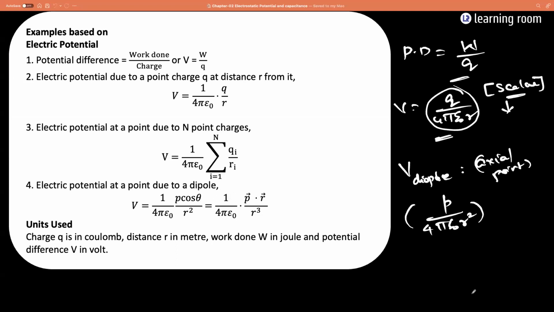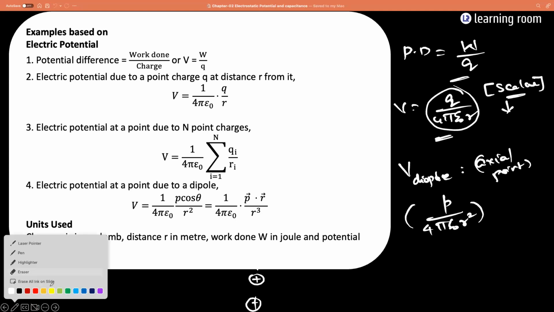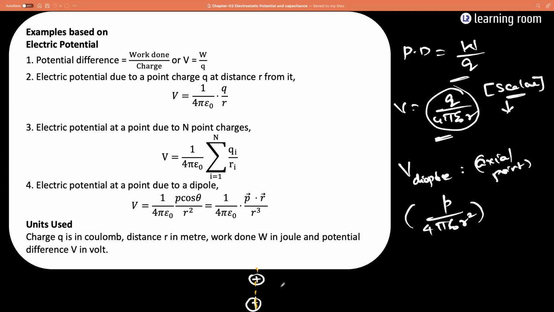Potential due to a dipole at any point, where the radial line is making an angle theta with respect to the axis. Suppose I have a dipole like this. Okay, I have a point P here. If this is the point P, if I take this distance to be R and if I take this angle to be theta, then what is going to be the potential?